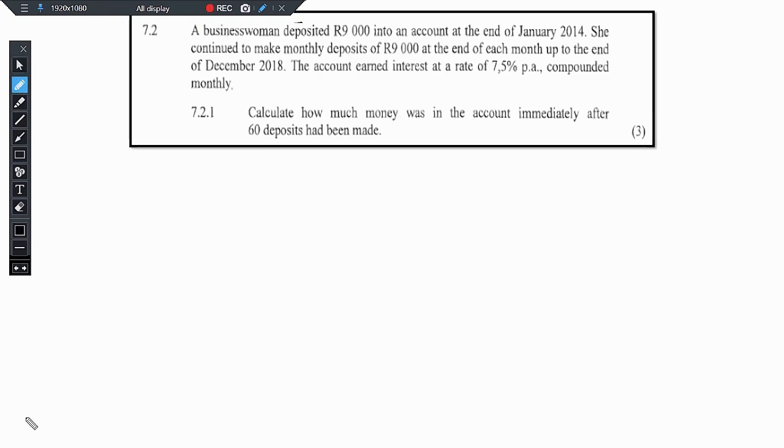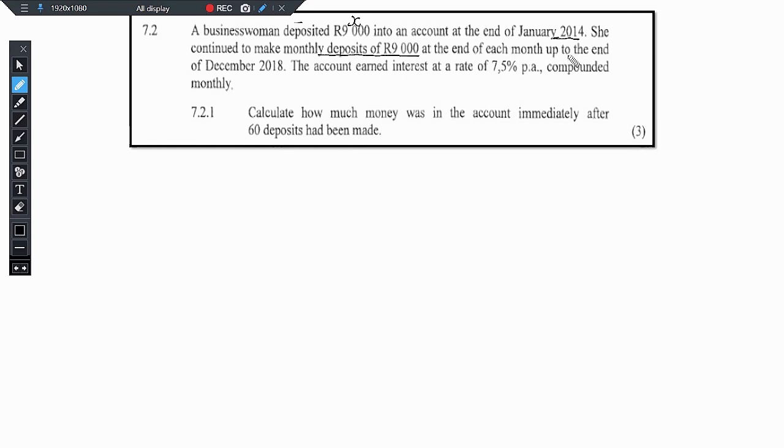Okay, so we have an extract from the exam, 7.2. It says a businesswoman deposited 9,000 into an account at the end of January 2014. She continued to make monthly deposits of 9,000. So this 9,000, we now understand that it becomes our monthly installment, right?